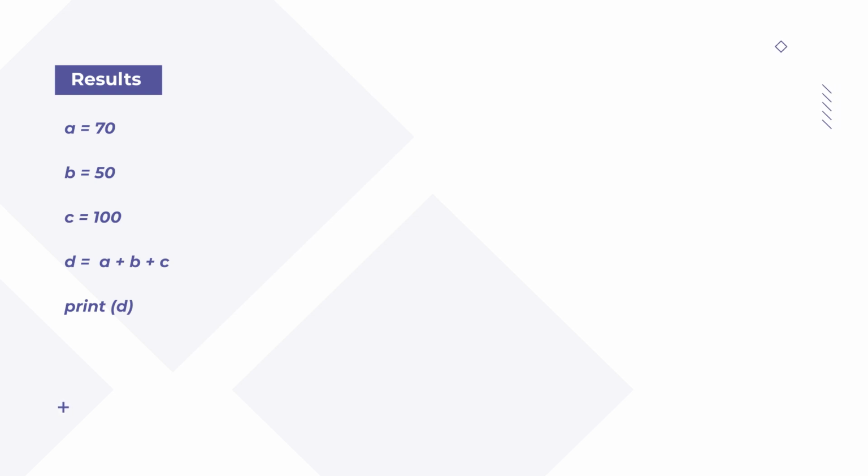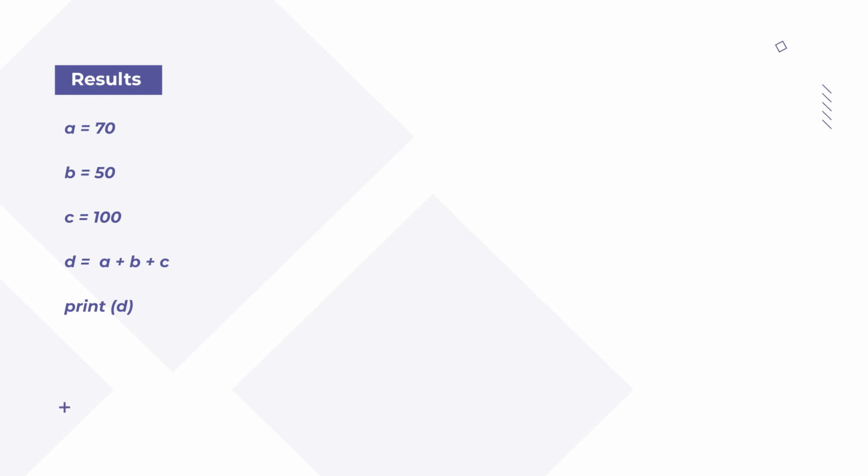Then it will reserve some space, give it a name C, and assign 100 to C. And here I'm asking it to pick up the value of A, B and C, add them, and assign the result to D. So again, it will reserve some space in the memory, give it a name D, and assign 220 there. The next instruction is print D. Mr. Computer, go to that location D, and whatever value is stored there, print it on the screen.